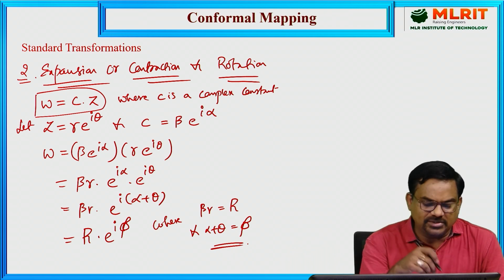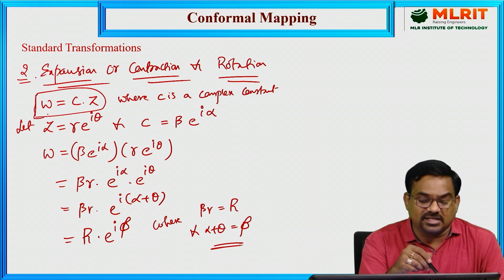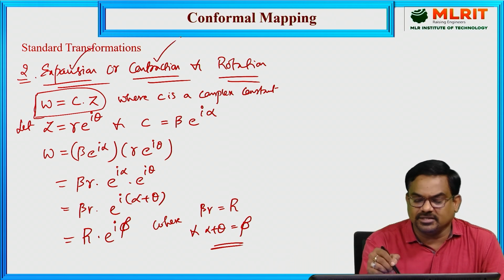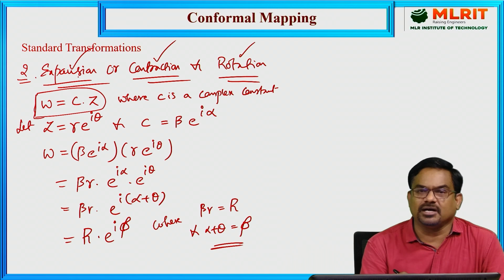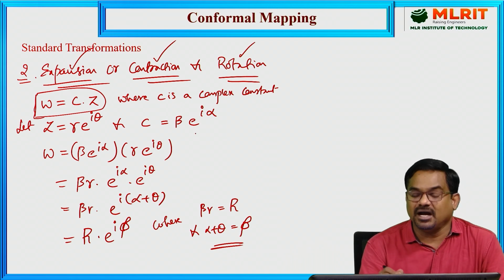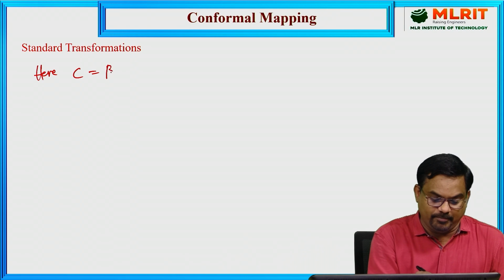Now using this transformation, what happens here? Particularly we are discussing expansion or contraction and rotation. So when does the expansion come, or contraction, and rotation? Here we have this C equal to beta e power i alpha.